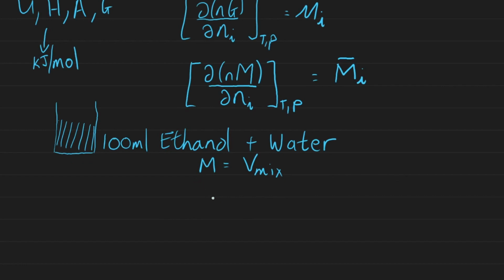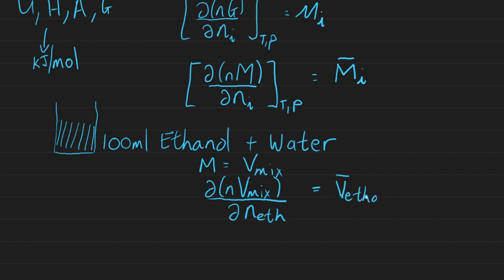We're saying that the rate of change, so this is partial molar volume, so the rate at which this volume changes if we add a certain component to it, and let's just say that component is ethanol, and this was equal to the partial molar volume, we'll say V with a bar on top, of ethanol.